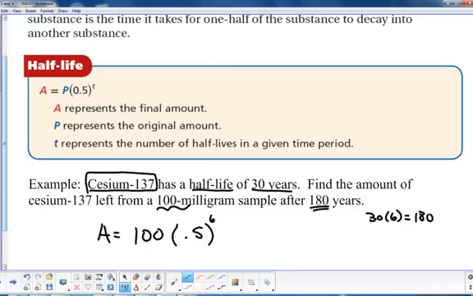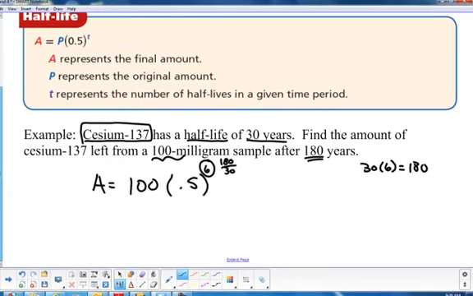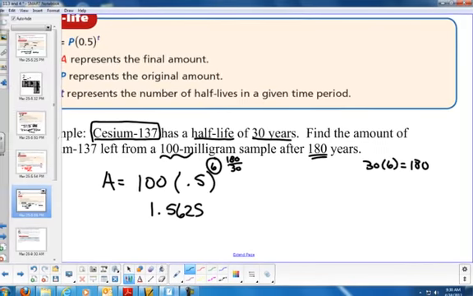If you didn't know that, you could put the 180, how many years you want, over the half-life. That'll give you the 6. So we're just putting in the calculator 0.5 to the 6 times 100, and we will get 1.5625. That means it halves 6 times. Every 30 years it halves, and we've lasted 180 years with this cesium-137.